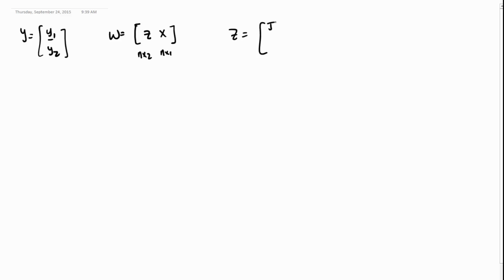Z looks like Jn1 and then an n2 vector of zeros, and then an n1 vector of zeros, and then Jn2. So the Z matrix looks like the two-way ANOVA matrix from previously, but we've appended an X vector onto it as well. So this is the example.